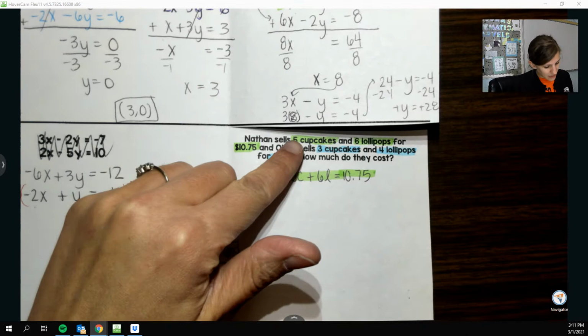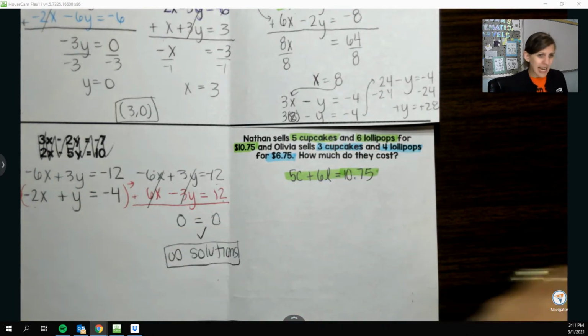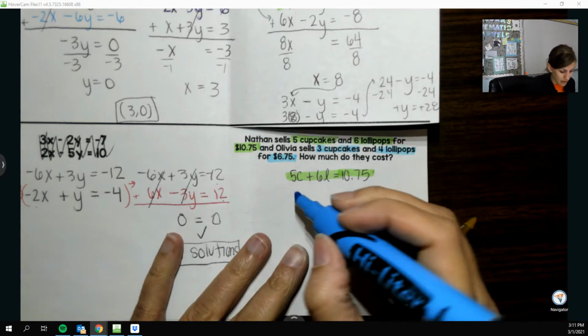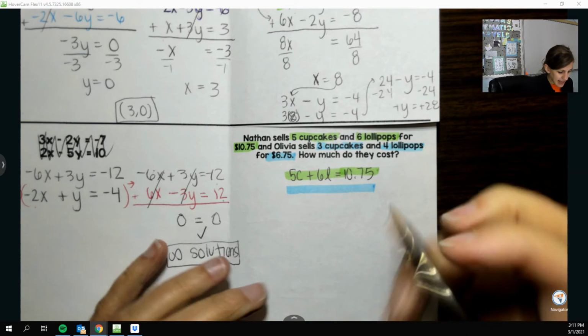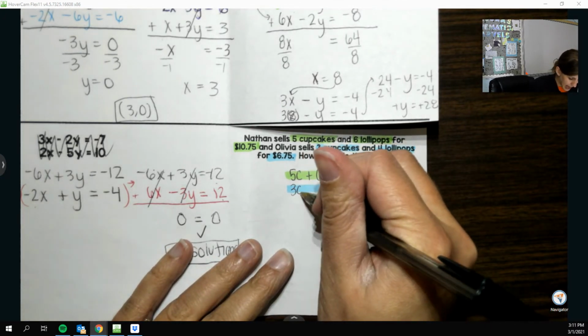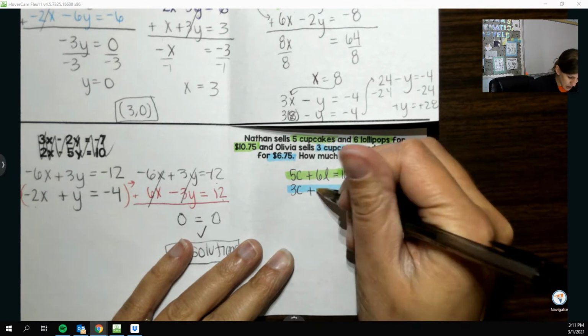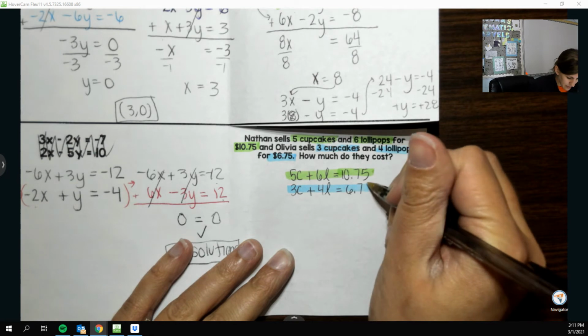And it was 5 cupcakes, so 5c, and 6 lollipops. Again, I just find that helpful when I'm solving for things, so I know what I solved for. And then Olivia's problem is very similar, except she had 3 cupcakes and 4 lollipops for $6.75.